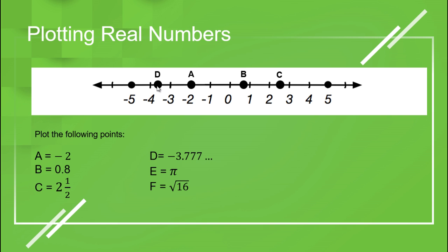So, positive 3, kapin tagamay. So, that is letter E. And lastly, we have square root of 16. So, we know that square root of 16 is 4. So, you write 4 here. And then mark it with F.